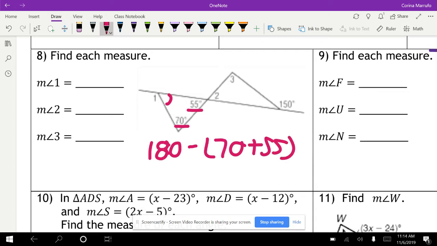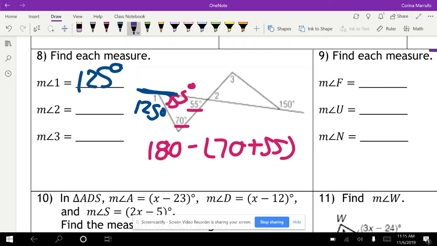We plug all that in our calculators, and that gives us 55. So this angle is 55. To find angle 1, because 55 and angle 1 make a straight line together, they add up to 180. So 125 plus 55 would give us 180. So angle 1 is 125.